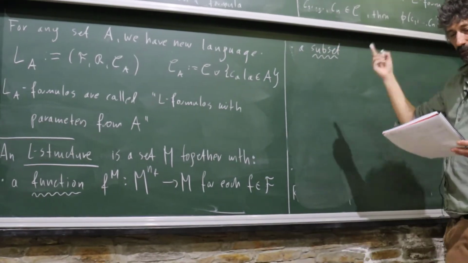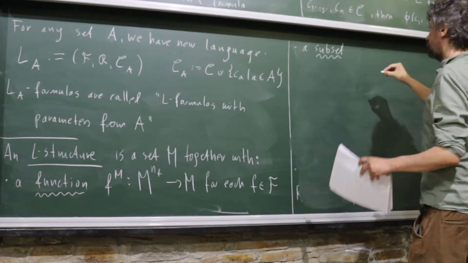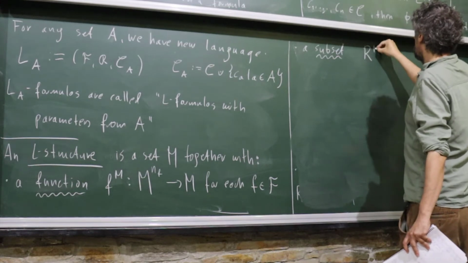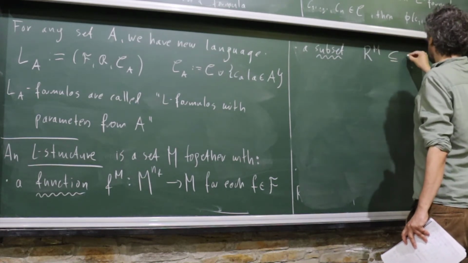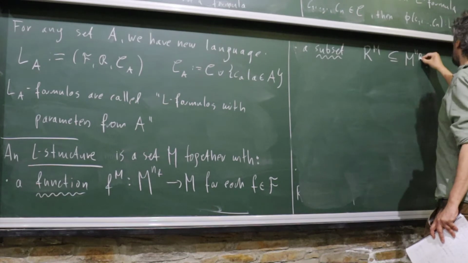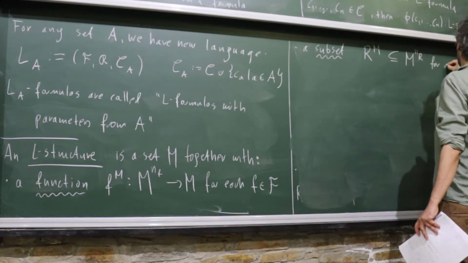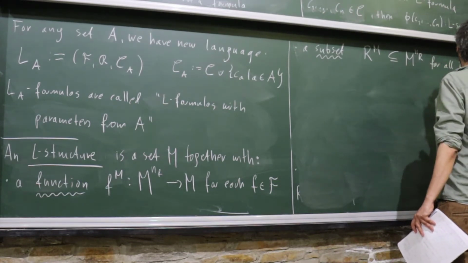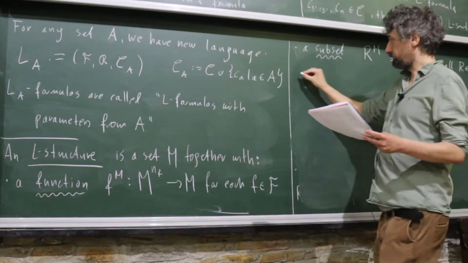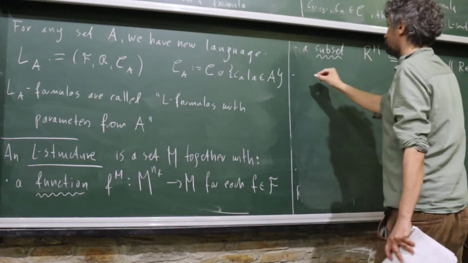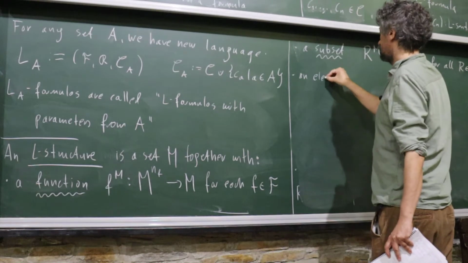Yes, a relation is a subset of a Cartesian power. And finally, an element for each constant.